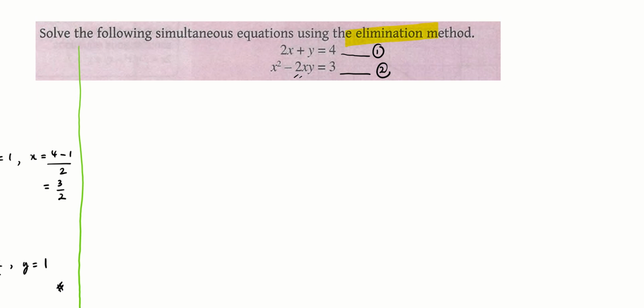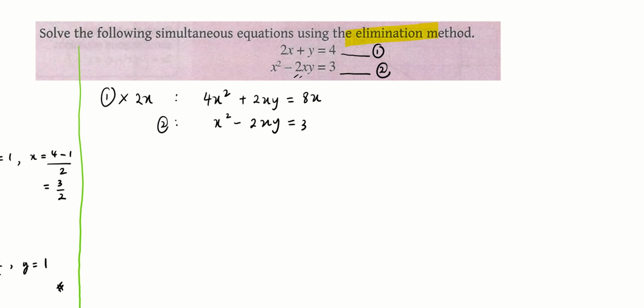For example, from my first equation, I multiply with 2x, so it becomes 2x multiplied by 2x, 4x squared, plus 2x multiplied by y, 2xy, equals 2x multiplied by 4, 8x. And I'm going to copy the second equation, which is x squared minus 2xy equals 3.